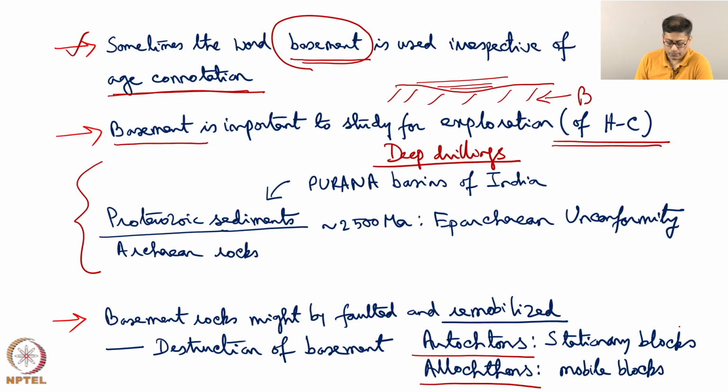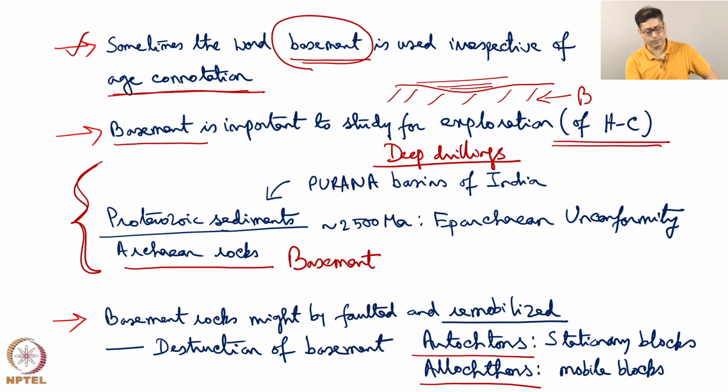Now, let us look at the basement cover relationship in this way. Consider that there are Archean rocks as the basement rock and over which the Proterozoic sediments have been deposited. This is a global scenario.